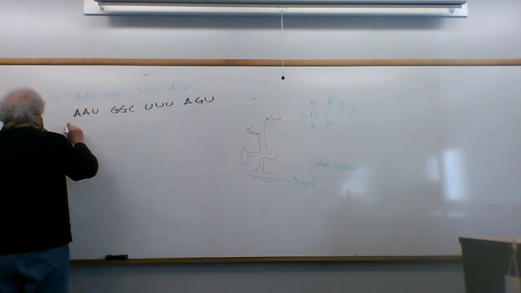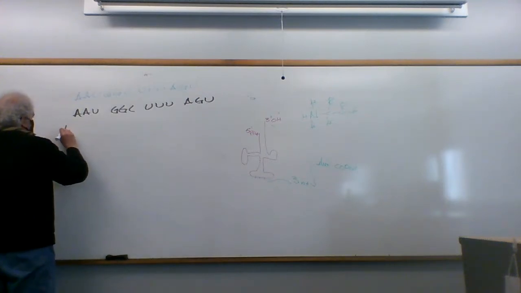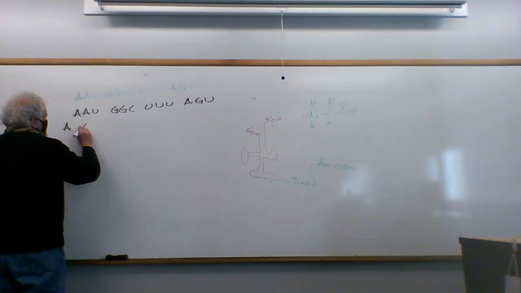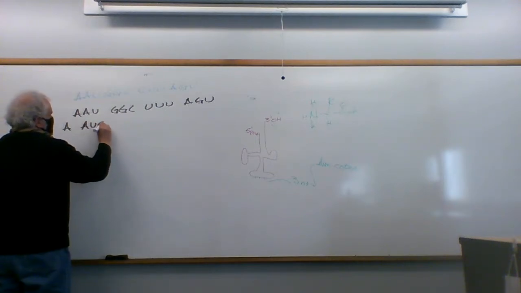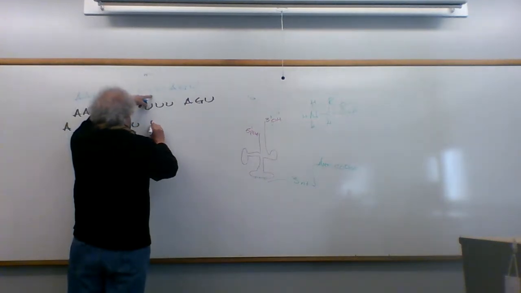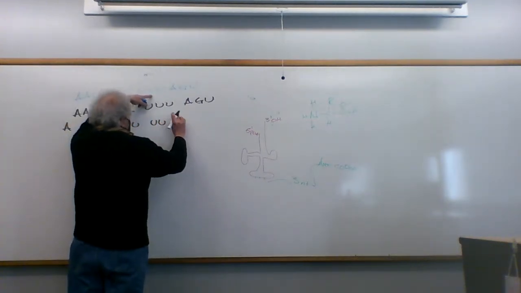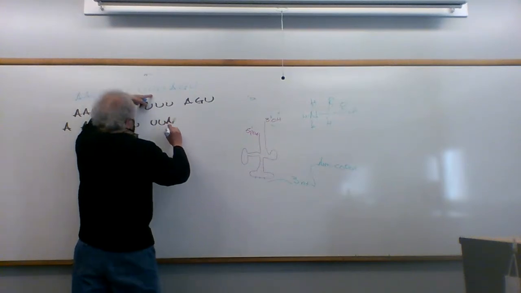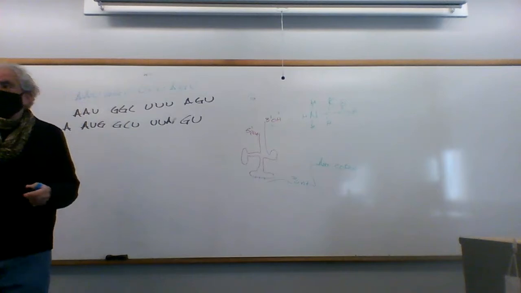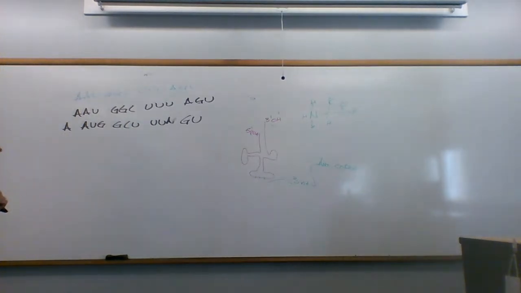And we can have the sequence read in a second reading frame. And that would be starting over here with that A. And now we're going to have the triplets AUG, GCU, UUA, and GU. So that would be what's called the second reading frame.